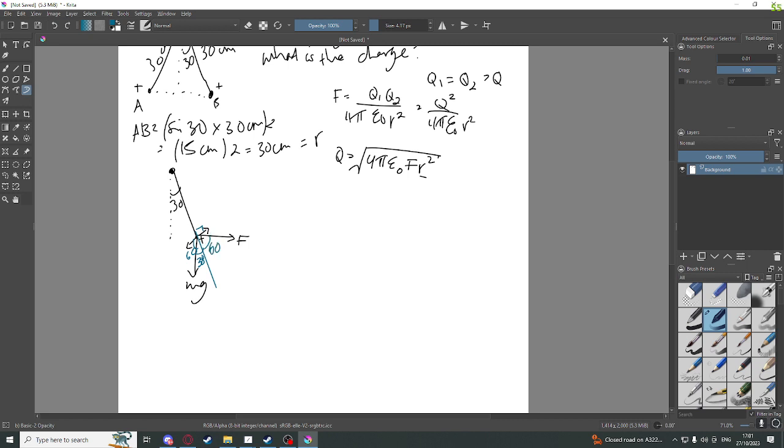And then because I know that this extended line and this rope makes 180°, if I drew all of this out, I know that this is a right angle, I know that this is 60°, and this leaves me with this angle here, which will be 30°.